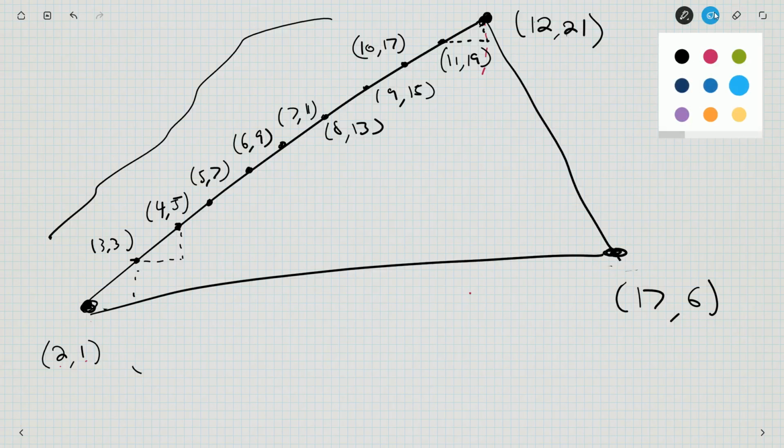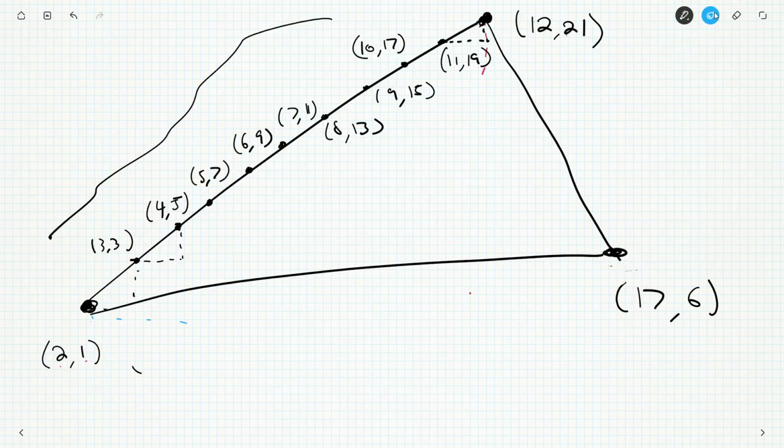To go from 2 to 17, we go over by 15. To go from 1 to 6, we go up by 5. So if I go over by 1, I go up by 1/3, because 5 is 1/3 of 15. But that's not going to get me to a lattice point. That's going to get me to (3, 4/3).